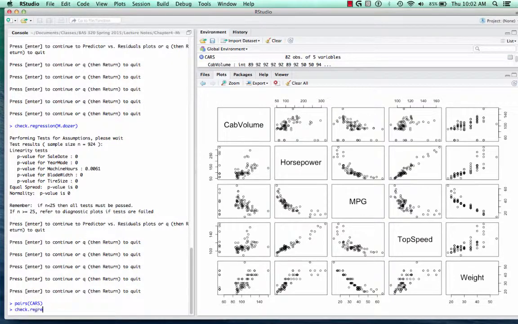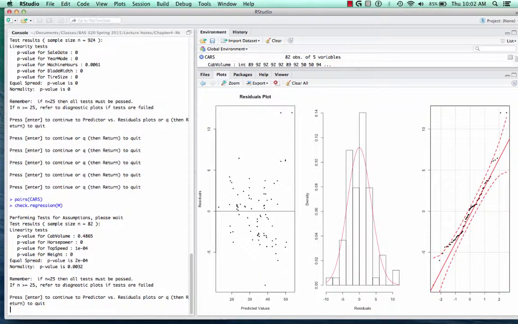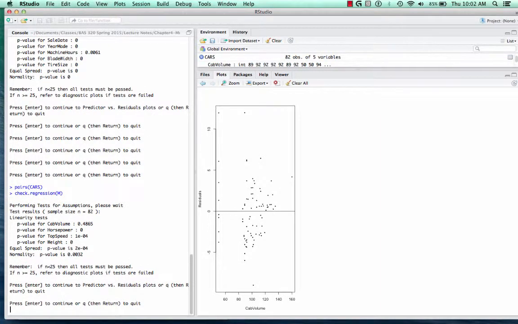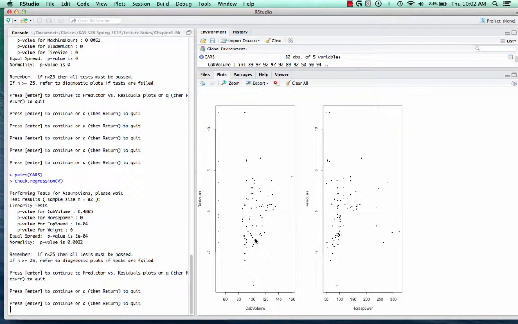Let's actually look at the residuals plots to see if that's still an issue. Well, in the residuals plot itself, this looks actually pretty good. I don't see any sort of curvature going on. I see equal spread, and I actually see normality pretty well going on as well. So these plots don't indicate any sort of problem. However, if I continue and look at the residual versus predictor plots, once I get to the one with horsepower, which was one of the ones where I saw curvature, I do see a hint of some sort of curviness.